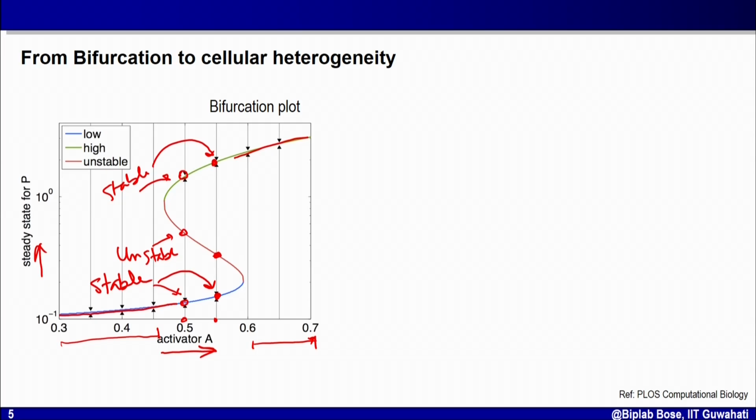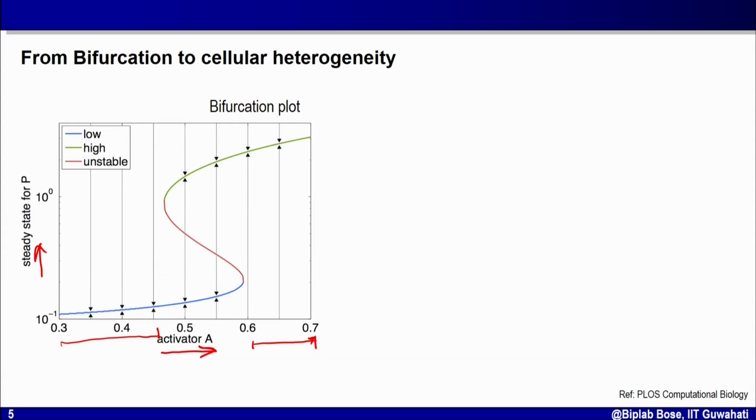So what we are observing, if I look into the whole map here, is that depending upon the value of the external signal or activator A, I have three regimes. One regime is here. When the system is in this regime, P has only one steady state, and that is the lower value.